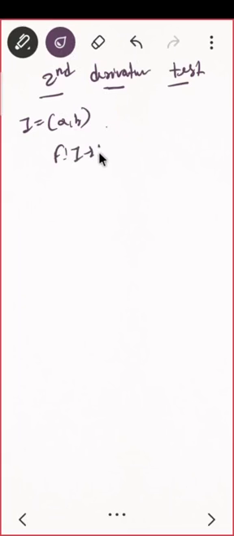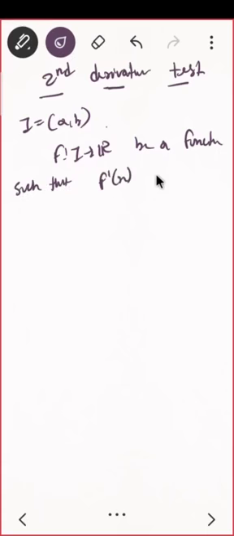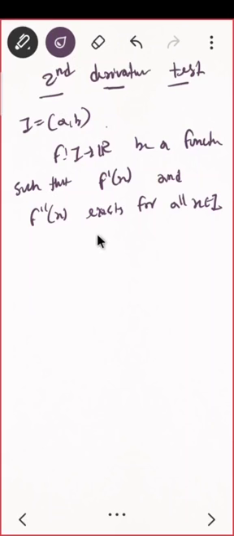F from I to R be a function such that f dash of x and f double dash of x exist for all x belongs to I, and let p belong to I such that, what was the condition, do you remember? F dash of p must be 0. That was it, na. Function is given, you need to find the derivative, then put f dash of p as 0 and get the point p. What next?